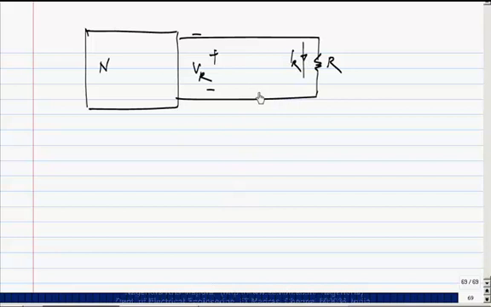So the suggestion is to have a voltage source of what value? VR. Whatever voltage drop was found across the resistor in that circuit.